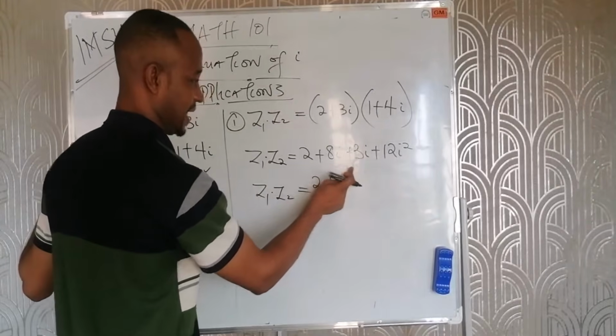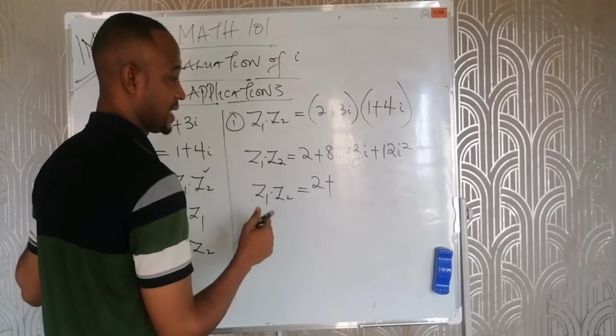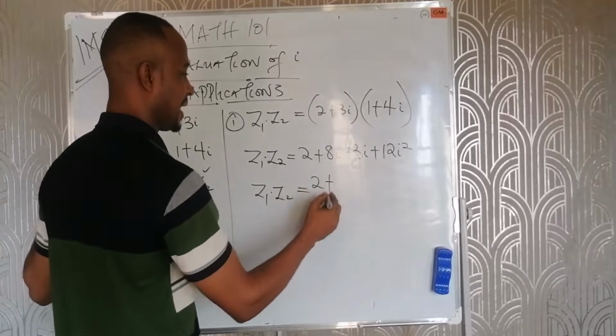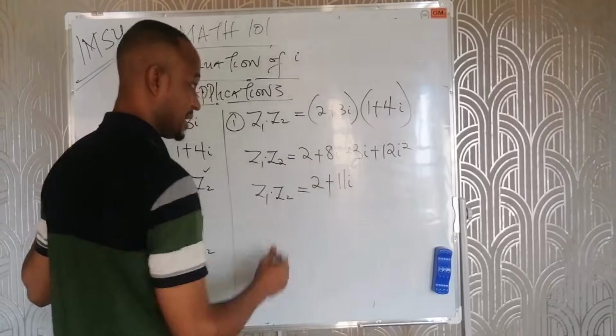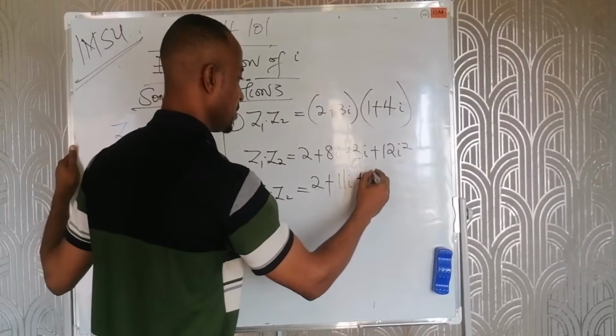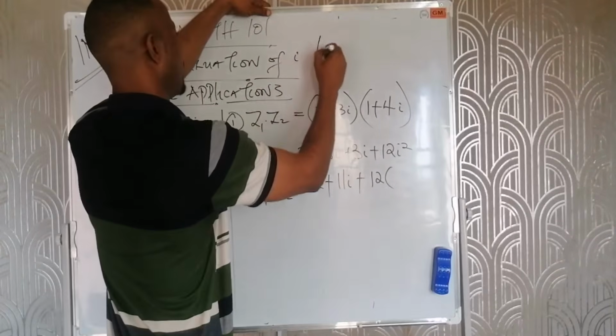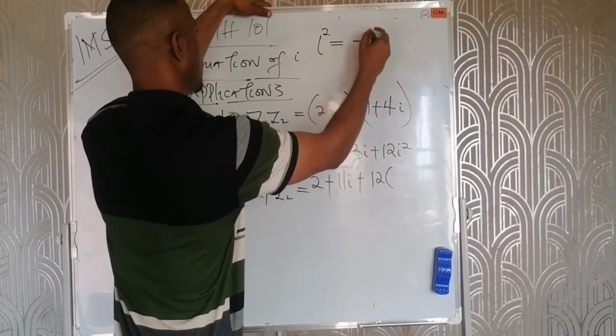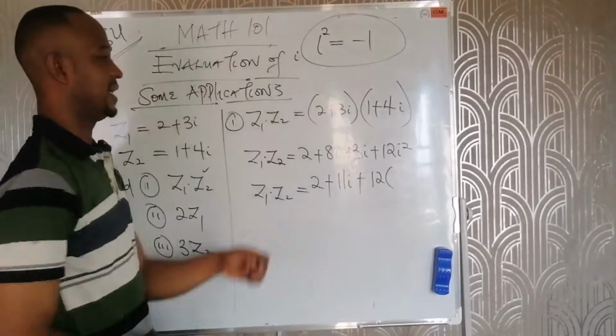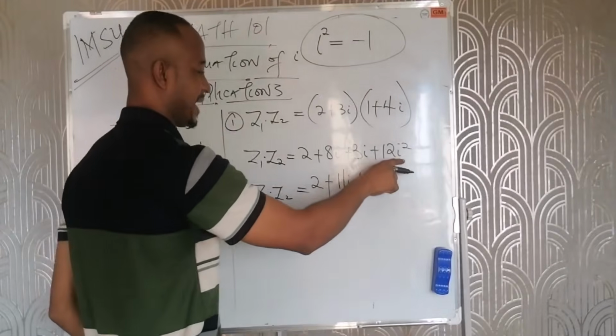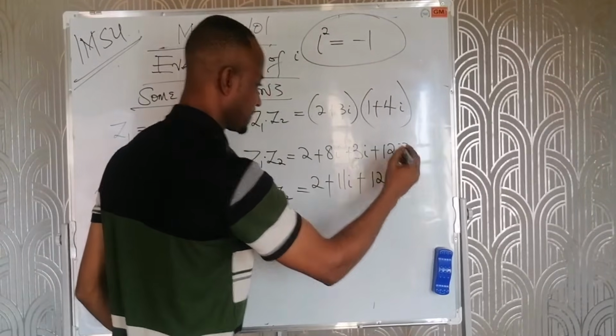These two are like terms, so they can be added together. 8i plus 3i will give us 11i, right? Okay, plus 12 times. Don't forget that in complex numbers, we have already expressed that i squared is equal to minus 1. So I will replace this i squared with minus 1.